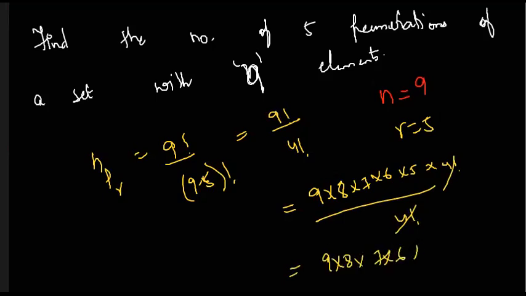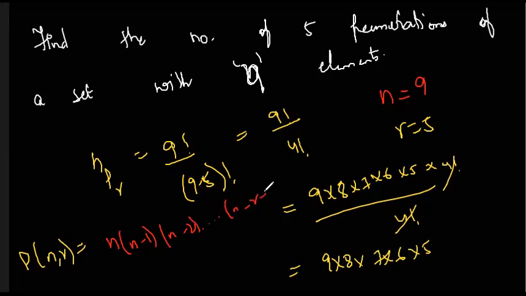this way. Now if you remember, I have shown you over here, nPr is also written as P of n comma r, and the formula was given in this way: n into n minus 1 into n minus 2 and so on up to n minus r plus 1. So if you notice, this is the same thing. N is 9, n minus 1 is 8. Let's just write it over here.